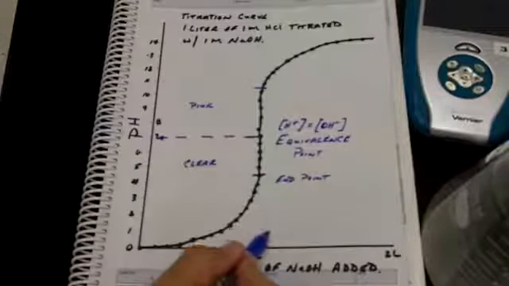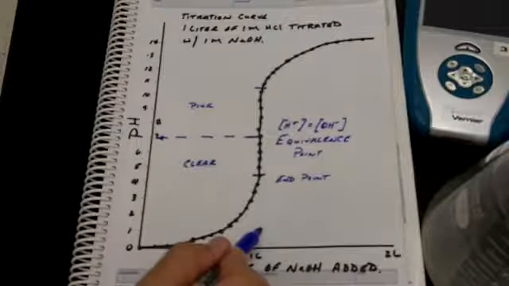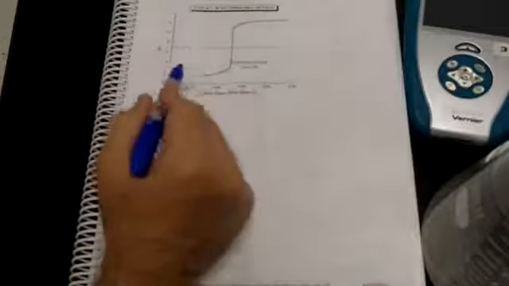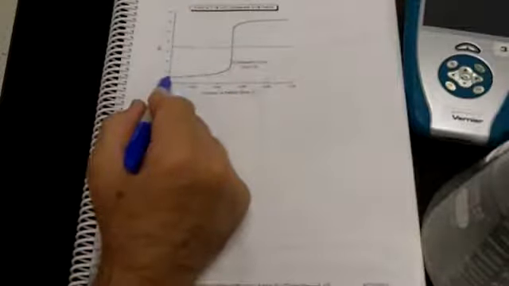Well, let's talk a little bit about what we might see on test questions. If I were to ask you, is this a titration of a strong acid and a strong base? Well, you see here, first of all, that the initial pH is not 0, it's 1, but that's okay. It doesn't have to be 0, it's low.